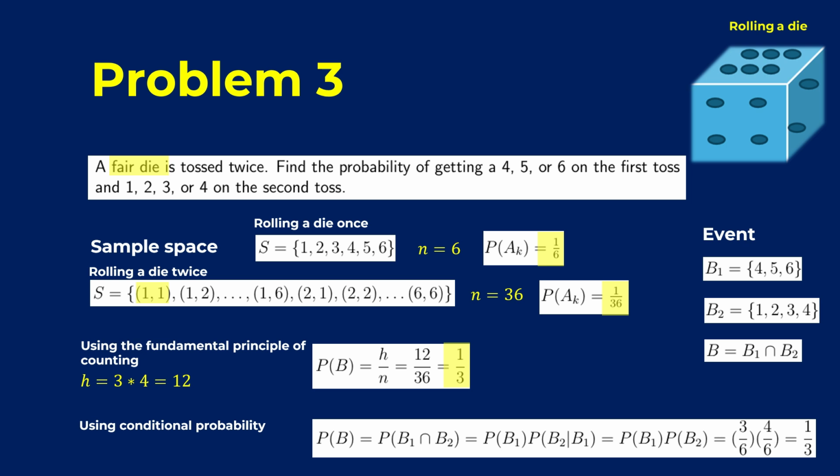This means that B1 and B2 are independent. And we can write the probability as the product of the probabilities of B1 and B2, which are 3 by 6 and 4 by 6 respectively. Multiplying these, we get the same answer as before, which is 1 by 3.